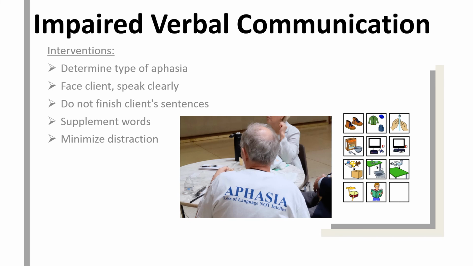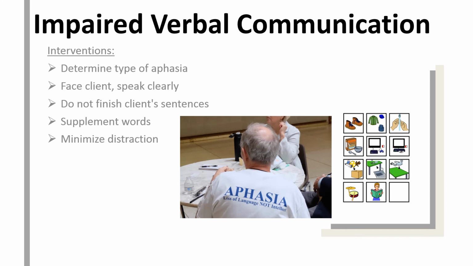If they have homonymous hemianopsia, it's very important to stand on the side that the client can see you, and we stated that previously. Don't finish the client's sentences. I know it can be difficult and you need a lot of patience for them to finish their sentences, but it's important to allow them to finish them.